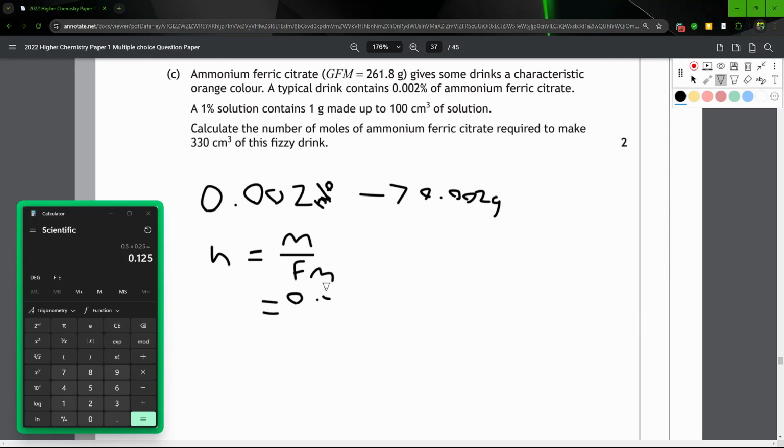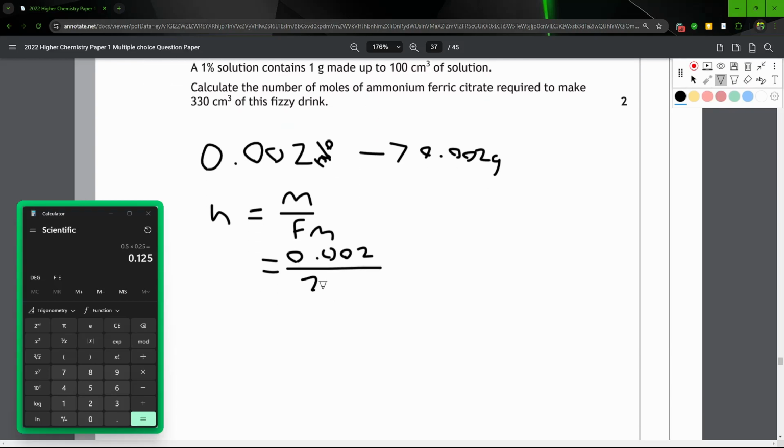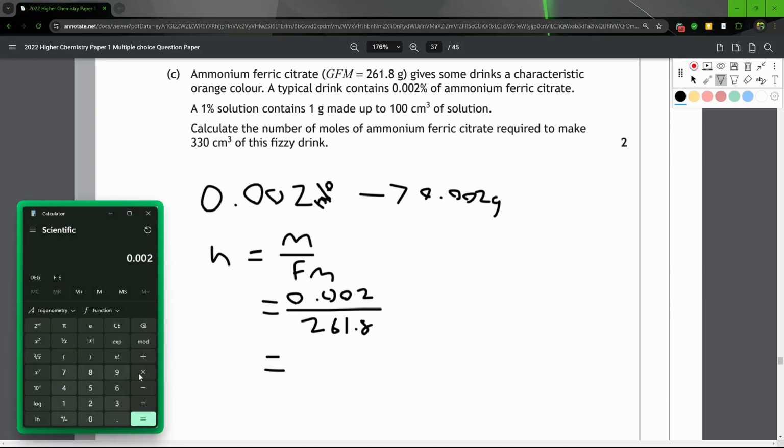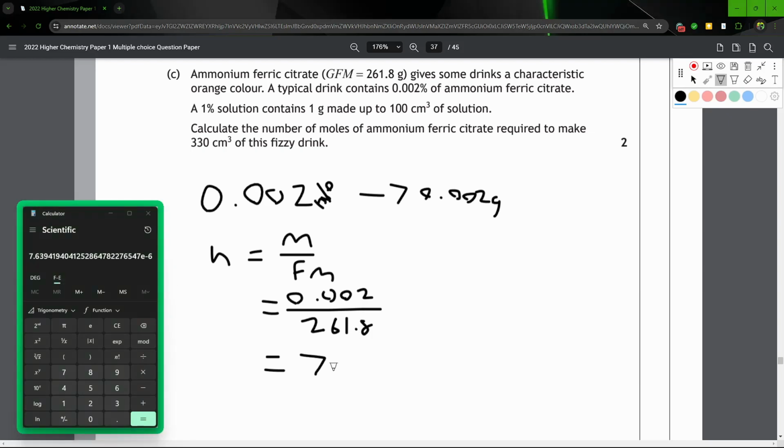The moles would be an extremely small number. It's already small enough, but you just have to make it even smaller. So 0.002 divided by 261.8 gives you that horrific thing, which your calculator won't even represent as a normal number. So we're on thin ice here. It'll be 7.64 times 10 to the minus 6 moles per 100 cubic centimetres. So n equals cV.